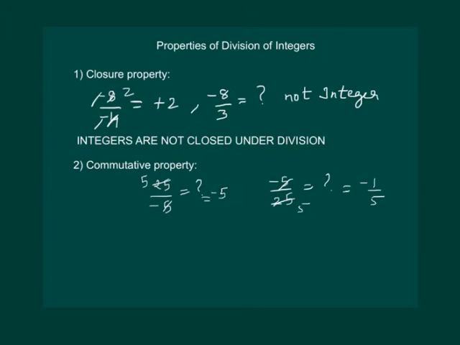That means the order in which we divide two integers changes the answer, and hence we can say division is not commutative for integers.